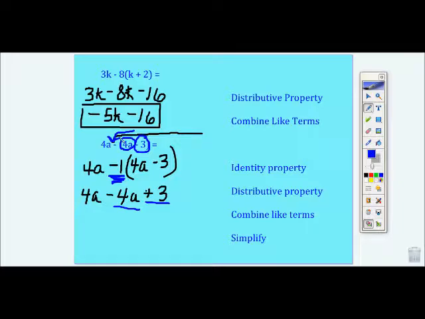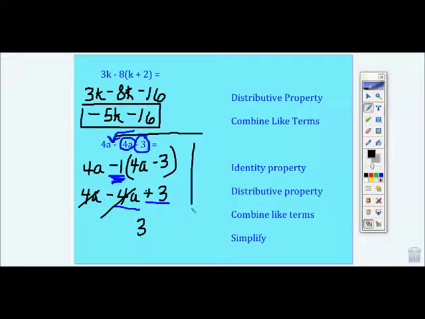Now I can combine like terms. My tools are just not working for me on my iPad. So 4a plus a negative 4a is going to cancel those out, and my answer for this one happens to just be 3.